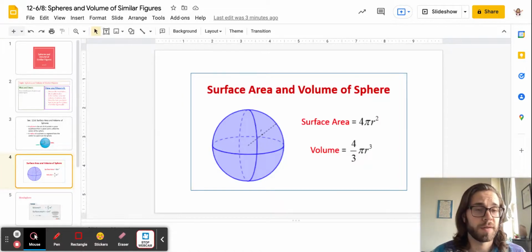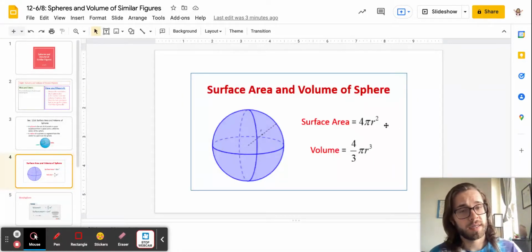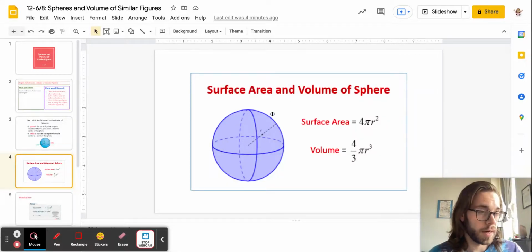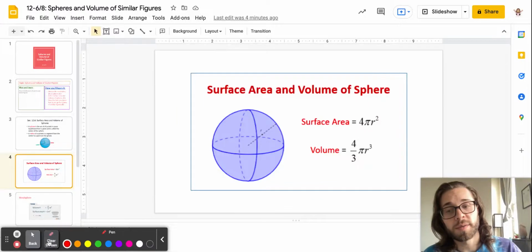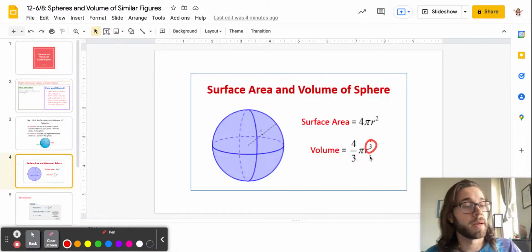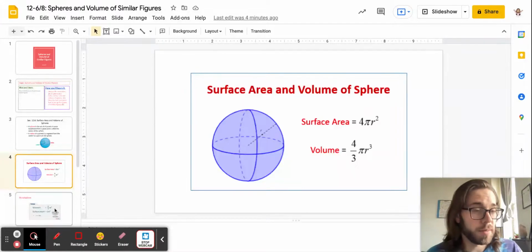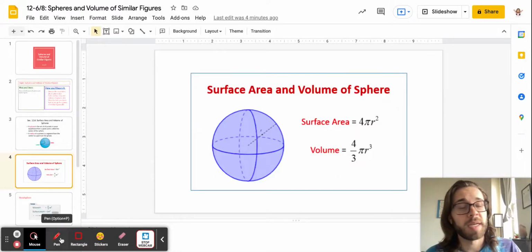The surface area is 4 times the area of the circle, if you will. The volume is going to be 4/3 pi r cubed. You have to be careful, because this is one of the situations where something is being cubed.